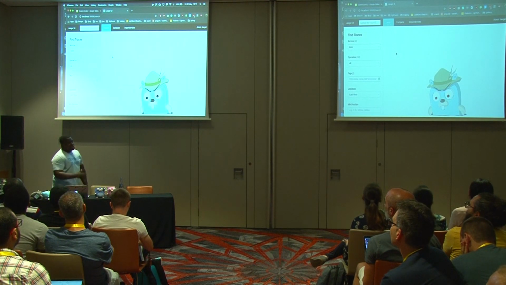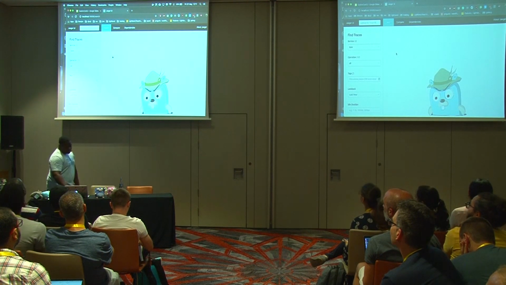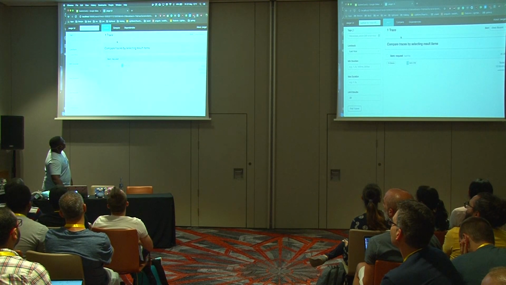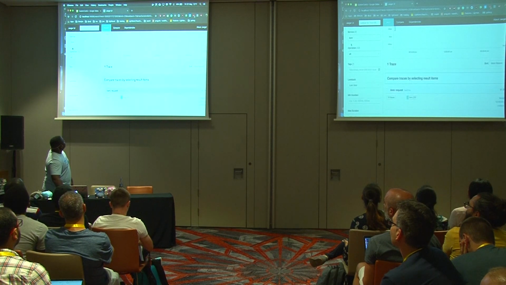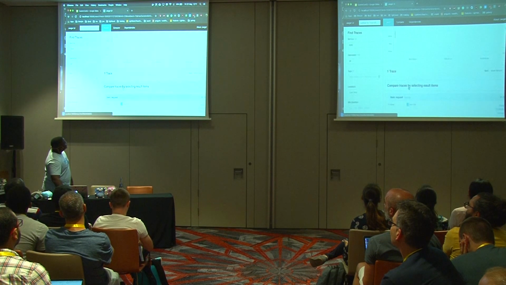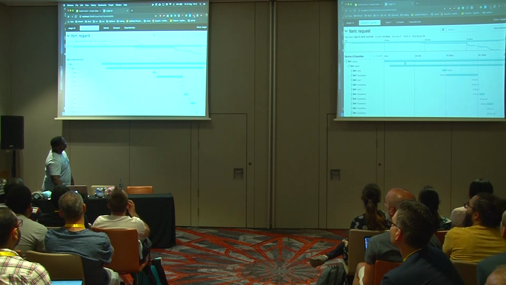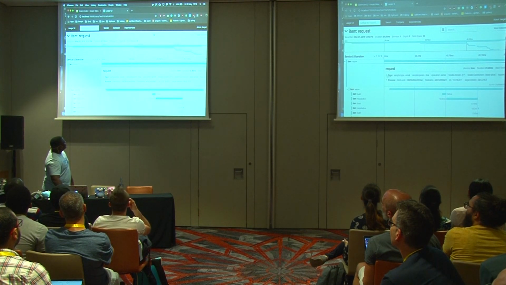So I'll be using Jaeger as the tracing backend. If you look at our traces, we can see that this generated 15 spans, and we get a sense of how long the request took.